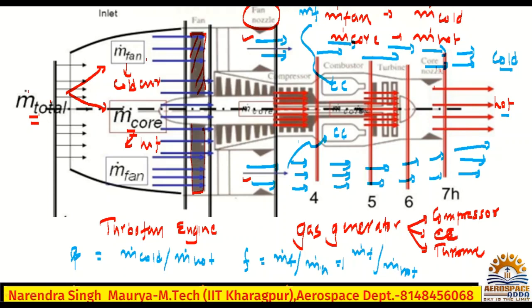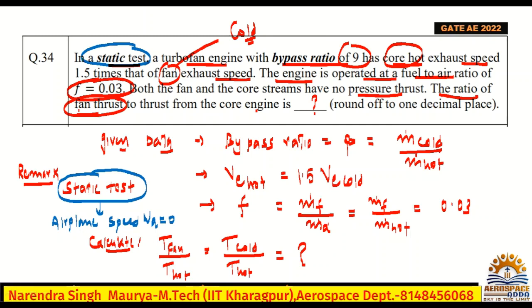All right, now we'll solve this problem. Whatever data they have given, based on that we have to solve. One more thing they have clearly mentioned: no pressure thrust, because total thrust is the momentum thrust plus the pressure thrust. So we'll make the pressure thrust 0 and talk only about momentum thrust, mass into velocity. Simple.